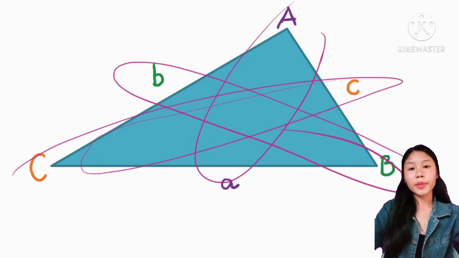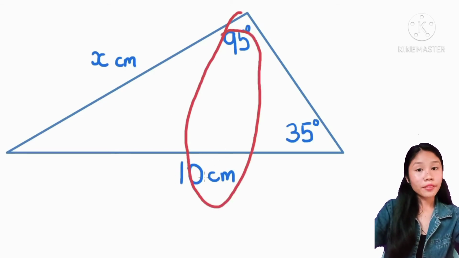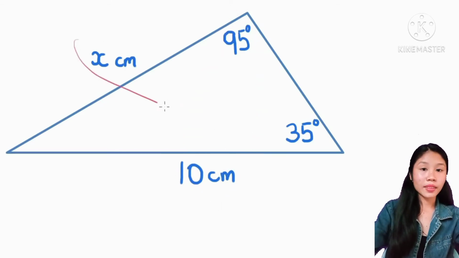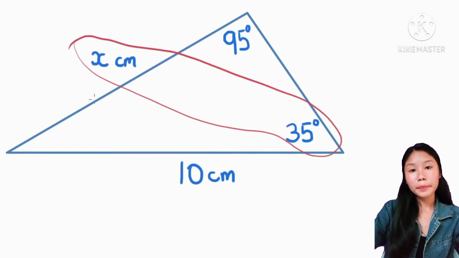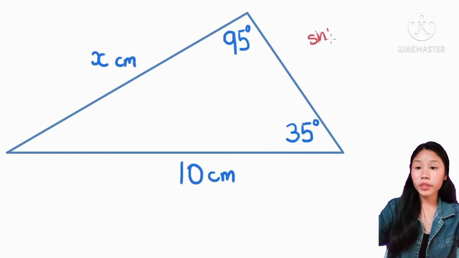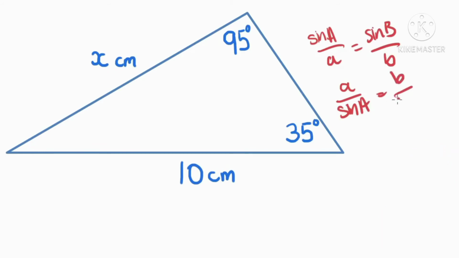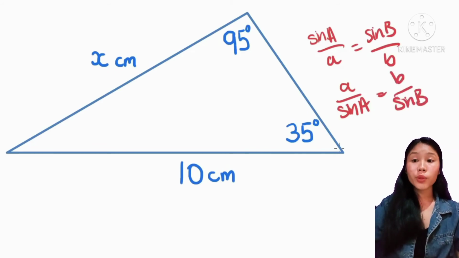Let's take an example. In this triangle, we have a matching set of 95 degrees and 10 centimeters, with 35 degrees and the unknown centimeter. Let us use the formula sine A over a equals sine B over b, or a over sine A equals b over sine B. You can choose either formula, but be sure to put your unknown number on the top.